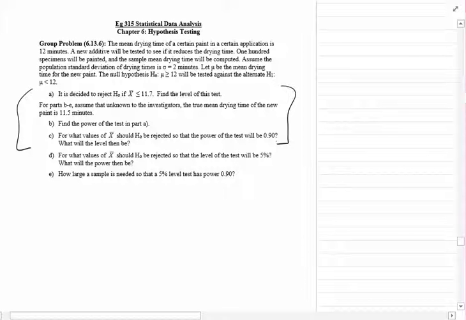So before you even start thinking about the power calculation, go through all these steps in the hypothesis section. And so right here, it's giving you an X bar star. Right there. There's some wording in this problem that's not ideal.